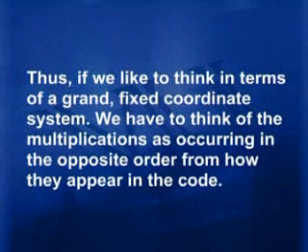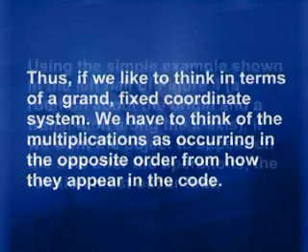This idea is going to be imperative in view of the example that we've already seen as well, the one that involved translation of the object as well as rotation about the origin or around the z-axis. Thus, if we like to think in terms of a grand fixed coordinate system, we have to think of the multiplications as occurring in the opposite order from how they appear in the code.